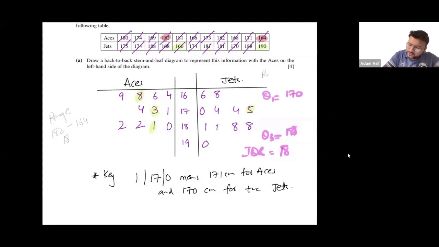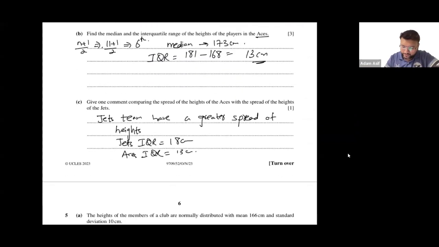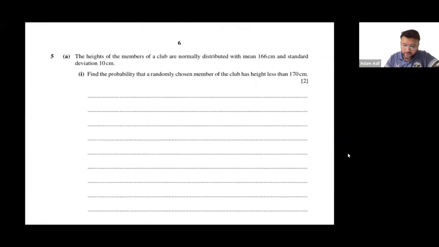And the range for jets is going to be 190 minus 166, that's 24. So jets have a higher range. Higher range means higher spread. So we could compare this way too. All right. Question number 5.